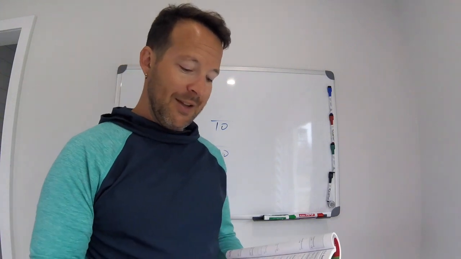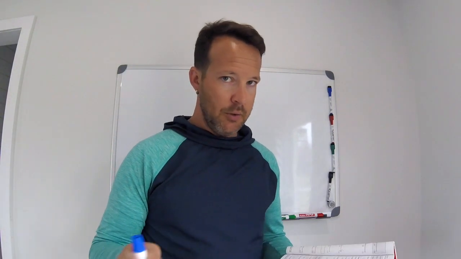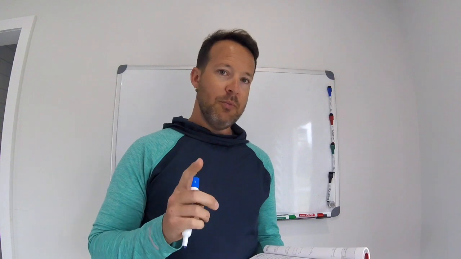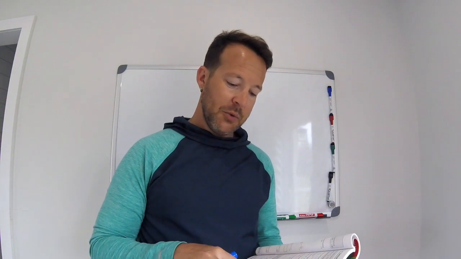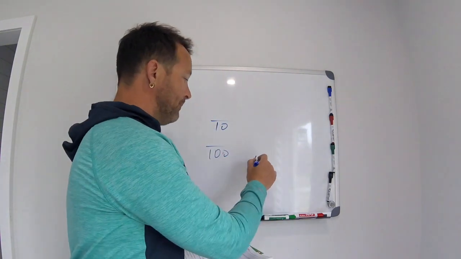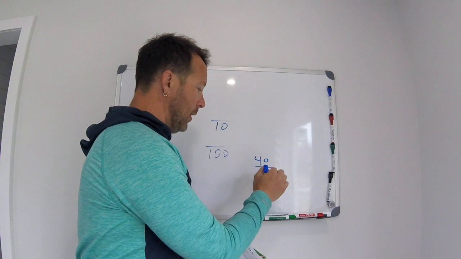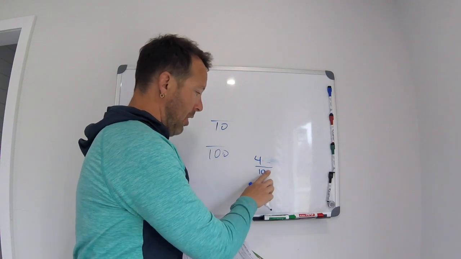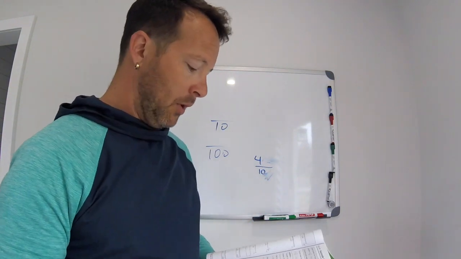Or if you took out that 0, because 0 is nothing, then you could say 10. So for this one, it's either 100 or 10, because 40 over 100 is the same as 4 over 10. So either answer would be correct.